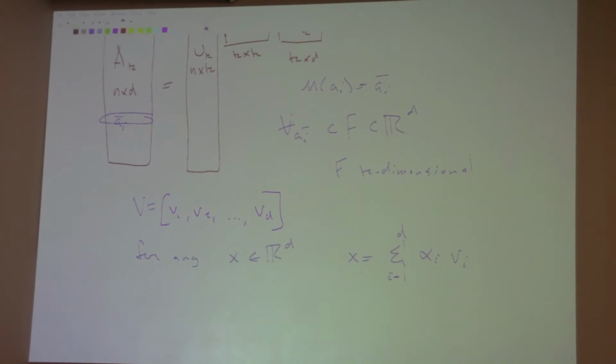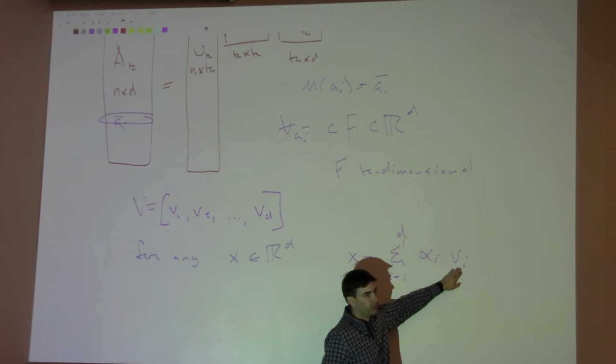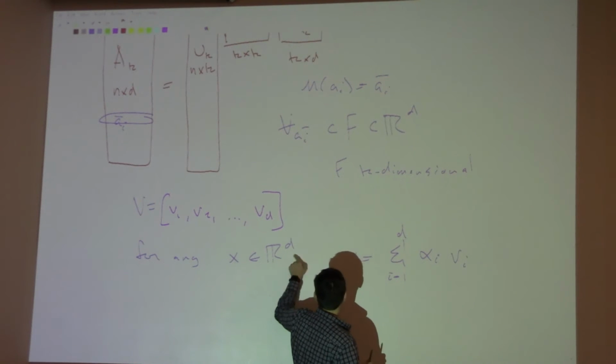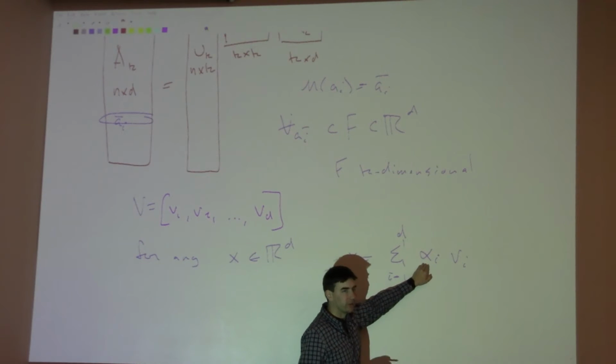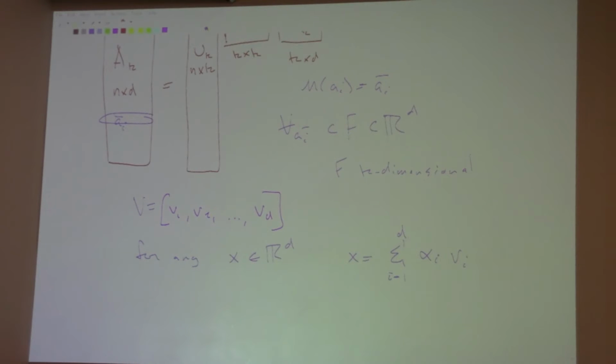So we can write this vector as the sum of a bunch of these weighted right singular vectors. You can do similar things with the left singular vectors for the n-dimensional vector. And it turns out that alpha I is exactly the dot product of x with vi. So it's just the dot product there.